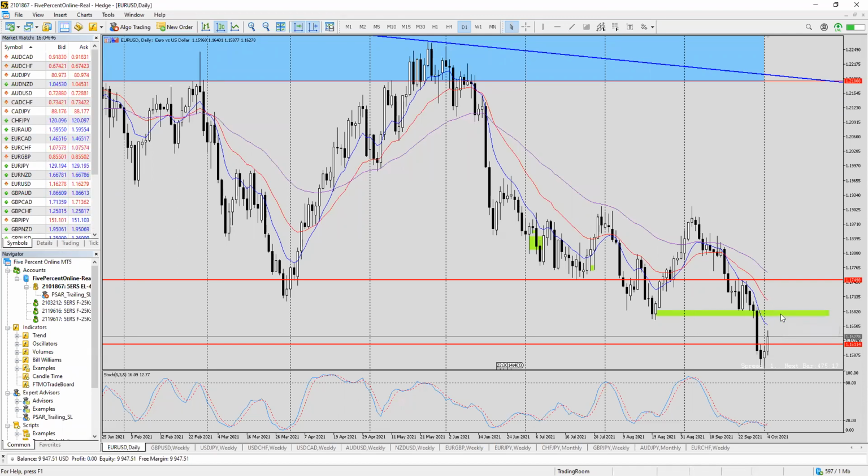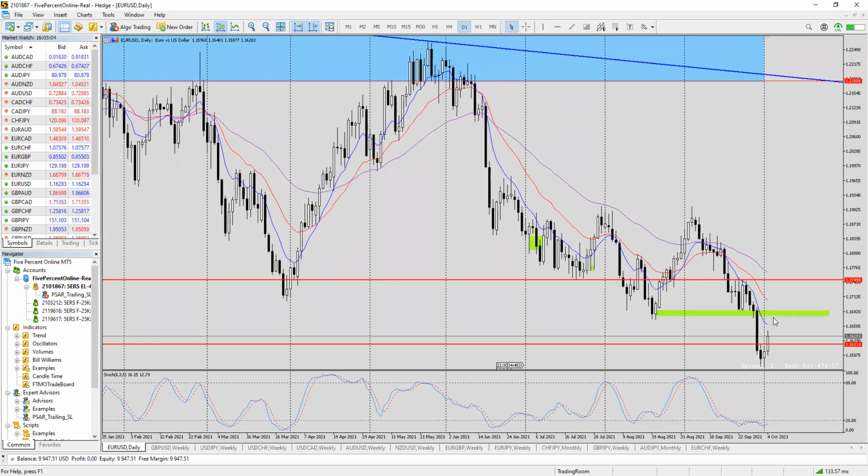Some sort of confirmation around this area could give you a nice signal maybe to go short, trend continuation, and of course with a relatively small stop loss above this level.